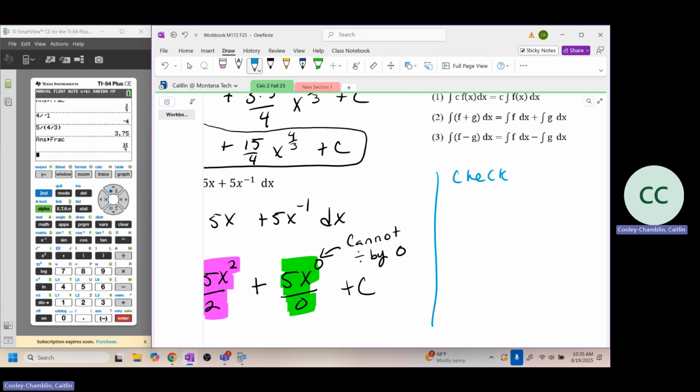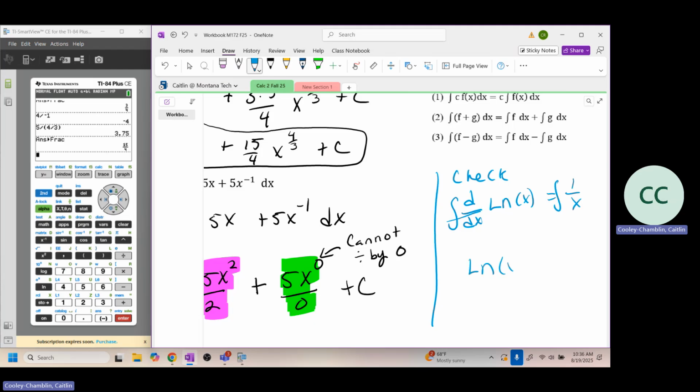Let's check some things. What is the derivative of ln of x? That's 1 over x. Now let's see. If I take the integrals of these, the integral and the derivative cancel out.